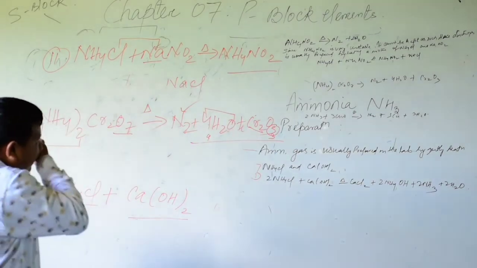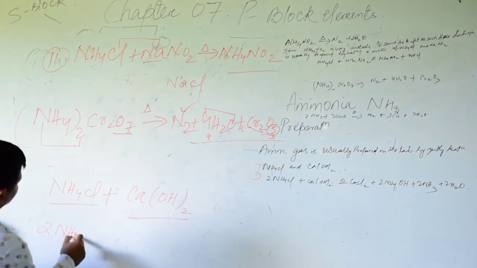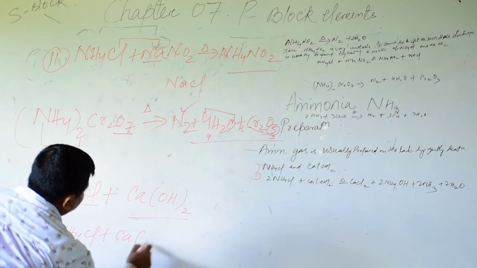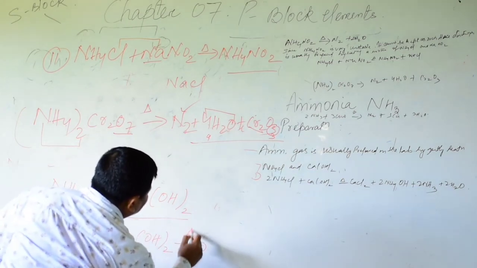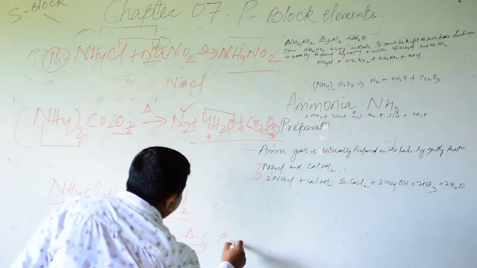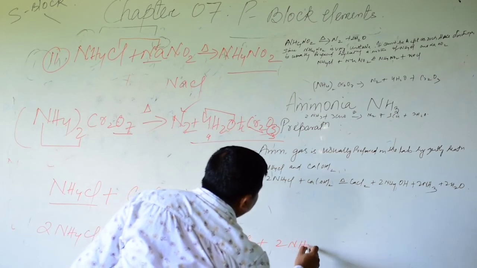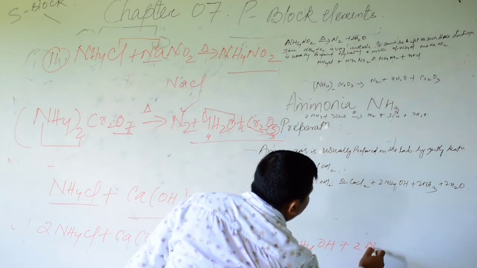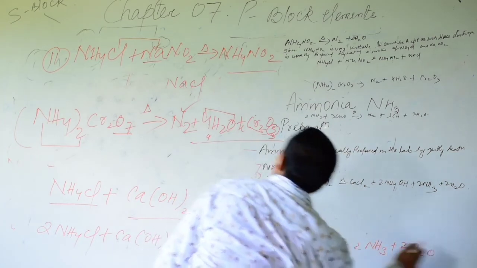Now how to balance it? 2NH4Cl plus Ca(OH)2. Now this delta indicates the heating. So how to decompose? CaCl2 plus 2NH4OH plus 2NH3 plus 2H2.